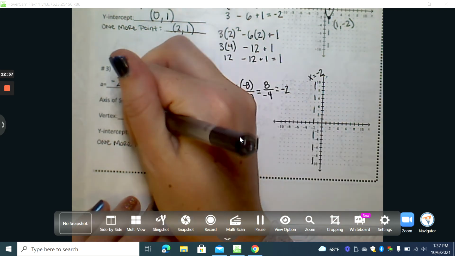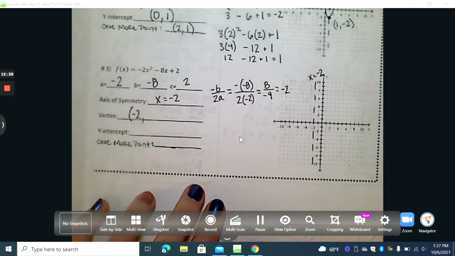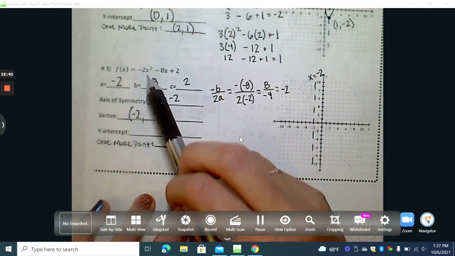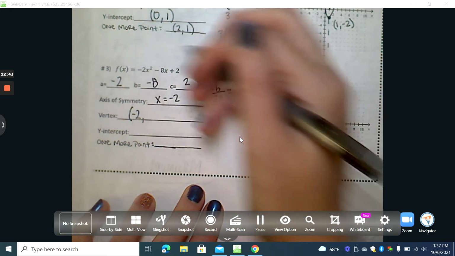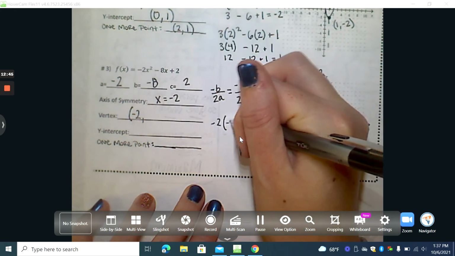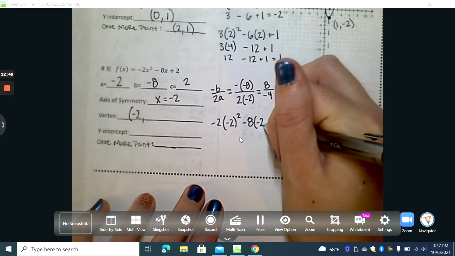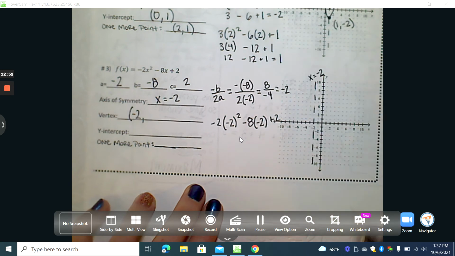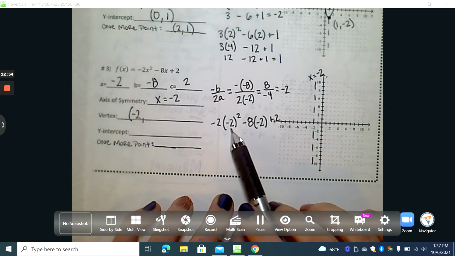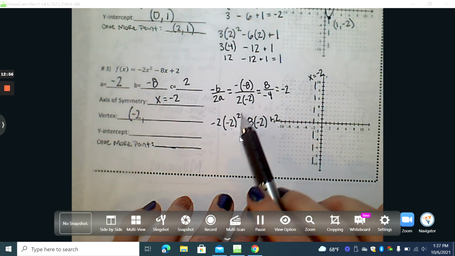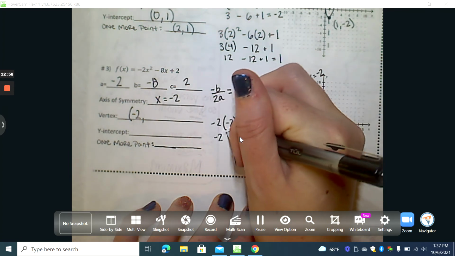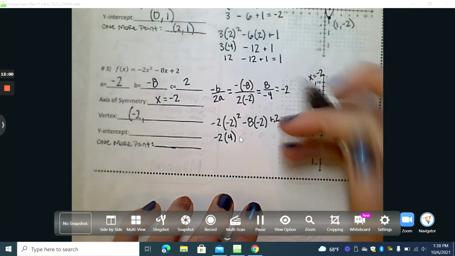And my vertex will then start with negative 2. Let's plug the rest of it in there. Be careful with those negatives. So negative 2 times negative 2 squared minus 8 times negative 2 plus 2. This negative 2 squared, negative 2 times negative 2, is a positive 4. So negative 2 times positive 4 is negative 8.